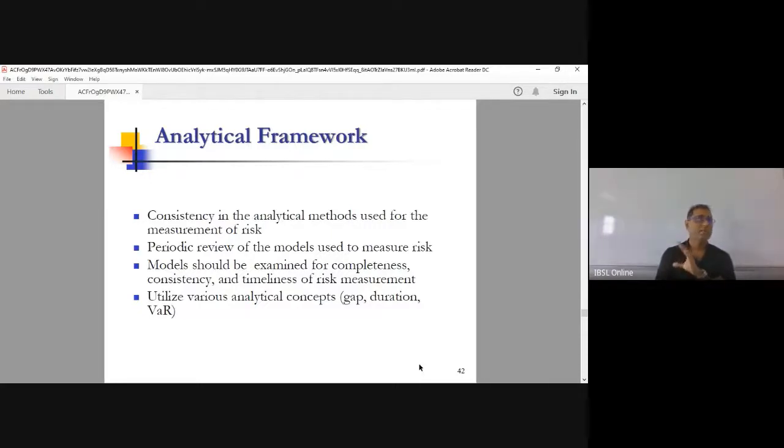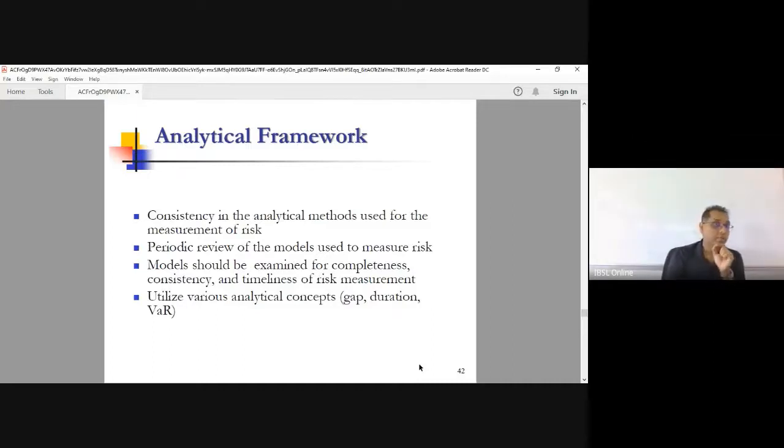So there is an analytical framework. There are systems that they use for the analytical framework. From within that, the ALM function has to derive the required information they need. In other words, they have to make sure that the analysis done and the models used are consistent, timely, accurate, and represent what you want, giving you the MI that you really need.